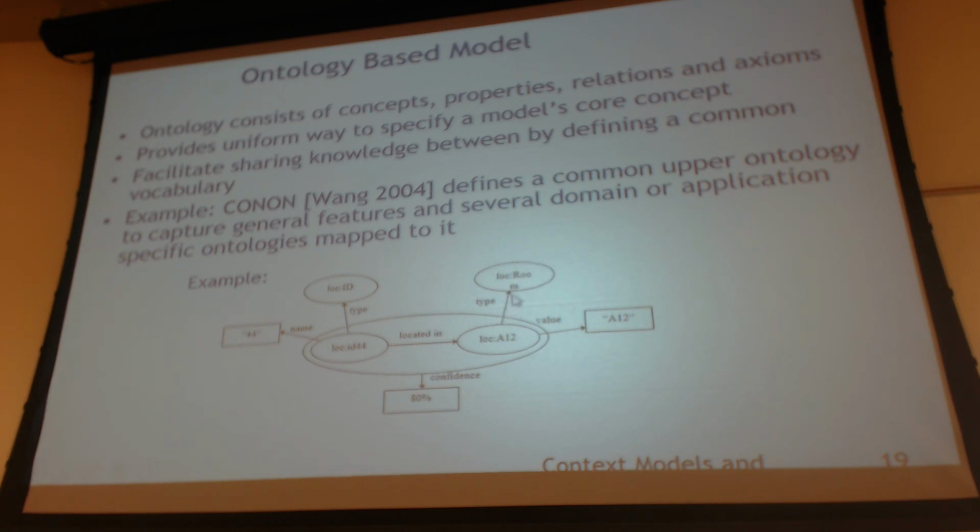That is one node. Then you have a room number node, 812, and an ID node. Whichever are associated with each other, so ID is associated with the number, you have an edge like this. This you don't really need to go in depth. This is one way of representing context.